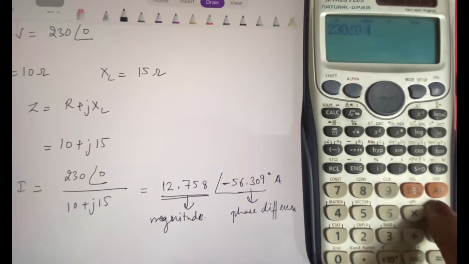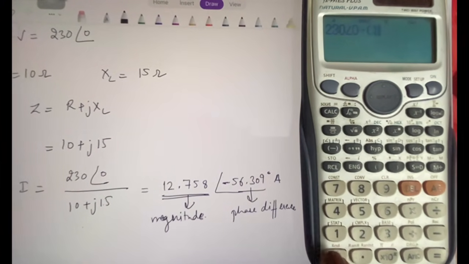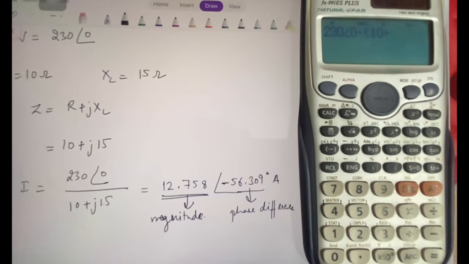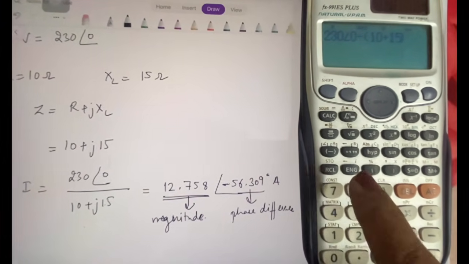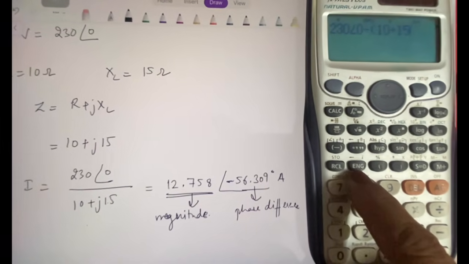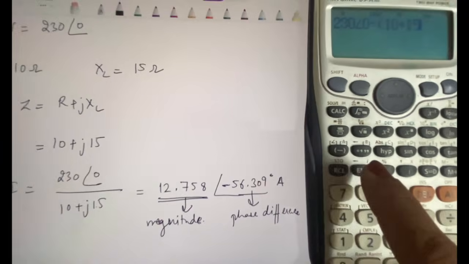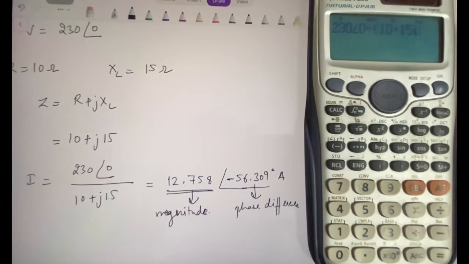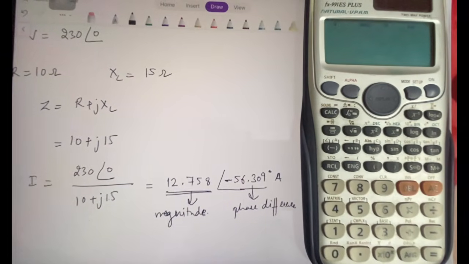It will be divided by 10 plus j15. Now how is j15 written? It's actually written as 15 into iota. Iota is available on this ENG button over here. So we have to press ENG, close the bracket, and we will get the answer.